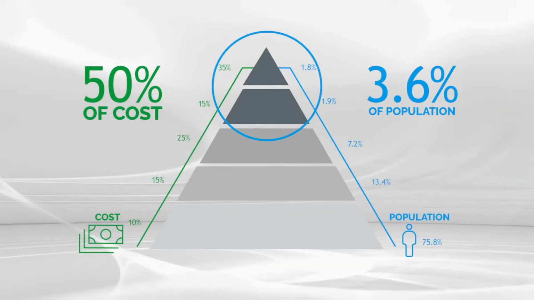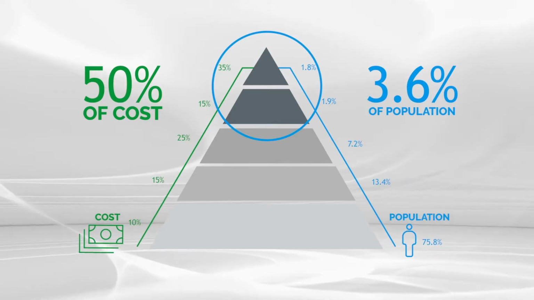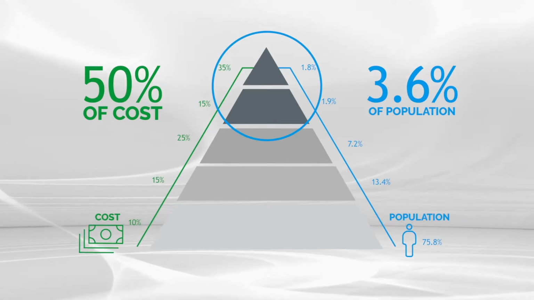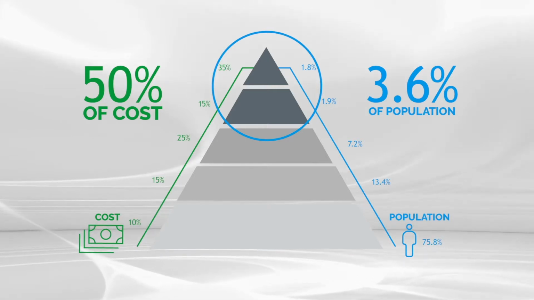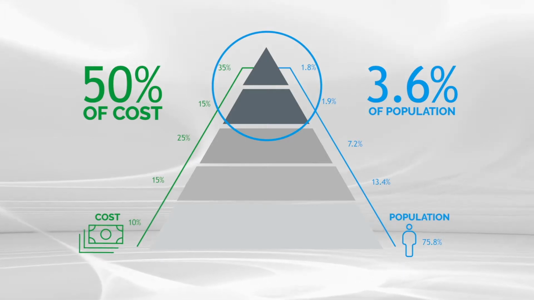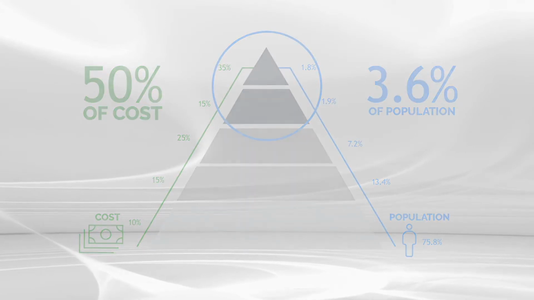A great example of using those data aggregation tools is that pyramid where it shows the most expensive patients in your practice. It might be a very small percentage, but they're by far the most expensive, the most in need of services. Your ability to help manage those patients, to maybe even go out and have them come into your practice rather than waiting for them to come in, that's the kind of thing that's going to help drive down overall costs.